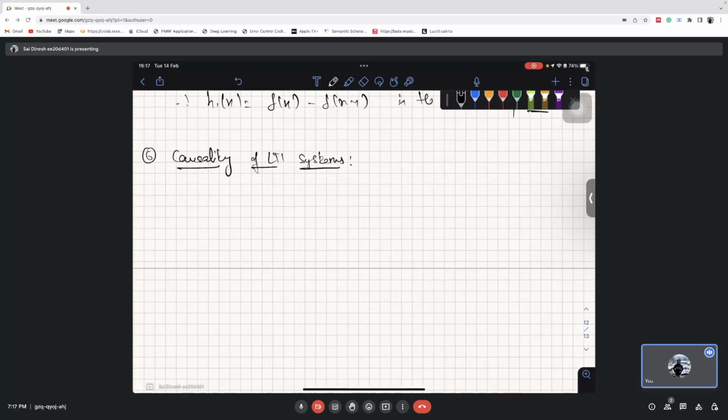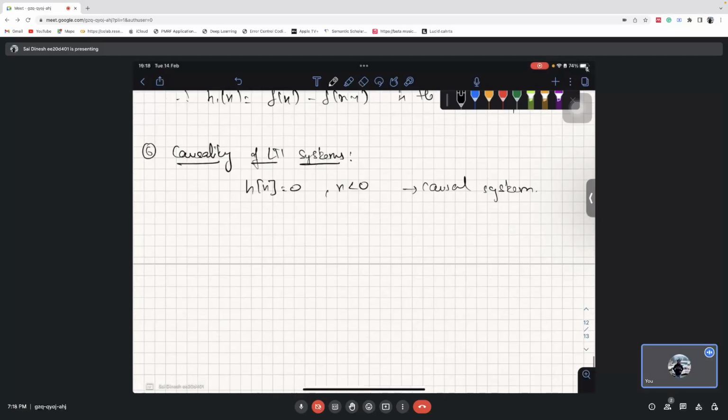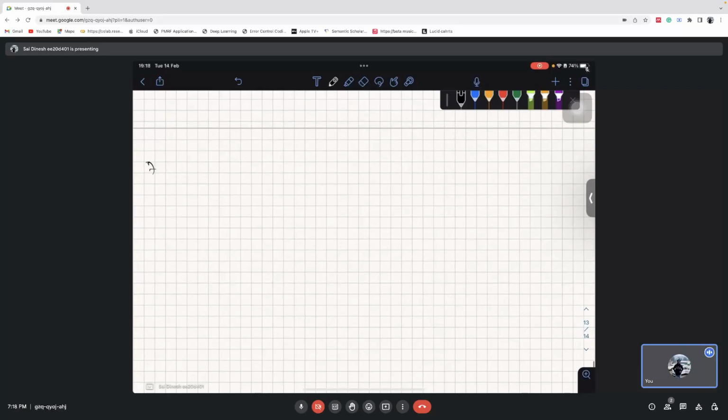If this is satisfied, then it is known as a causal system. So basically for a causal system, h of n is equal to 0 for n less than 0.